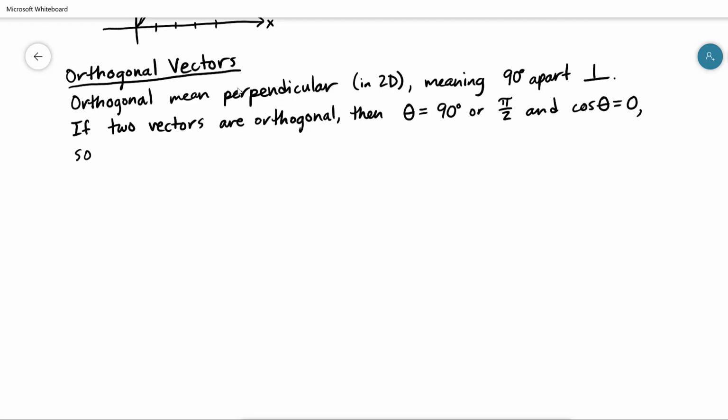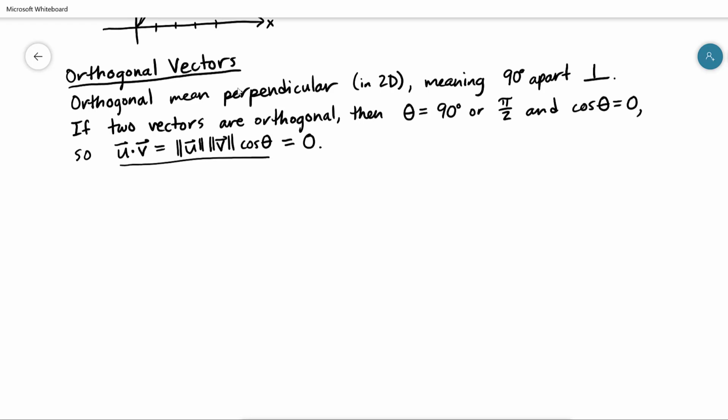So u dot v, the dot product of those two vectors, which is magnitude of u, magnitude of v, times the cosine of the angle in between them. You can think of this as a secondary definition of the dot product in addition to the one I first gave you. It's automatically going to be 0.